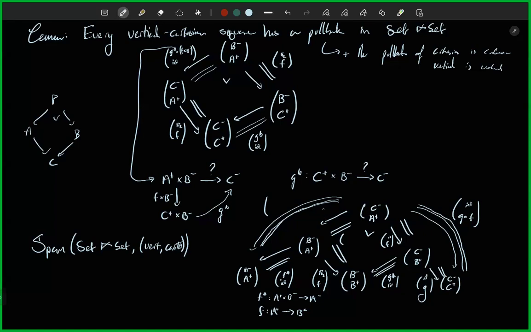Well, the top here, in this case, it's G sharp, as I've written it down here, G sharp after F times C minus.